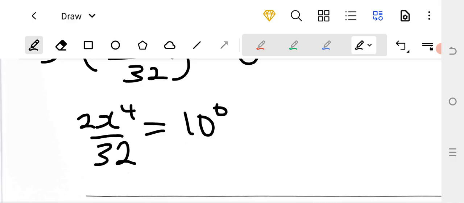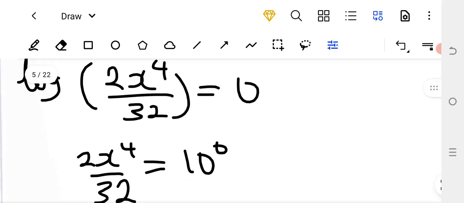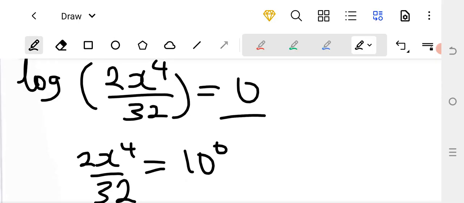So we get the base 10, then we set it to the power 0 because it's the power that is on the right side of the equation. So the base is raised to whatever is at the right side of the equal sign.